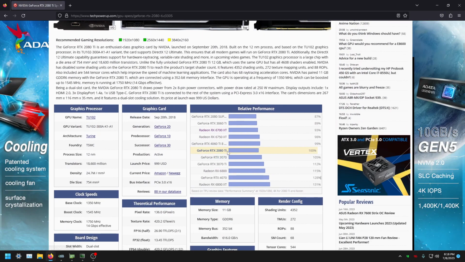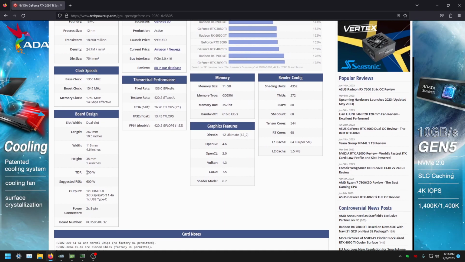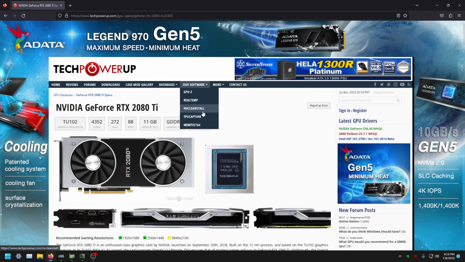I'm not using a 2080 Ti, sorry, but you get my point. Every card has a different TDP, and they have a recommended power supply to match the power requirements of the particular card. In so many cases, just getting a good power supply will help you a lot.